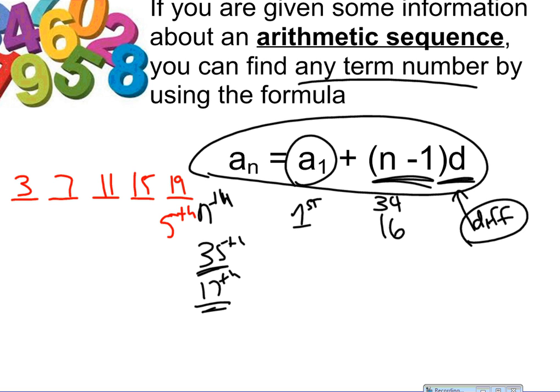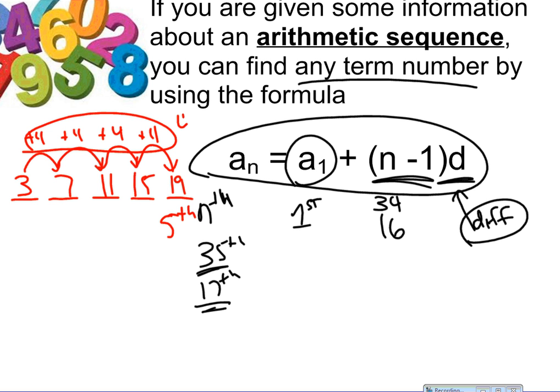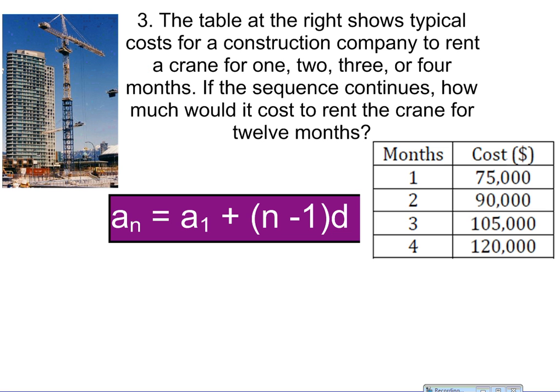If all I did was take my first term and go plus 4, plus 4, plus 4, plus 4, I took my common difference 4 times. 4 is 1 less than 5. That's why this works. I take my first term and I do my common difference 4 times. That's where this stems from.